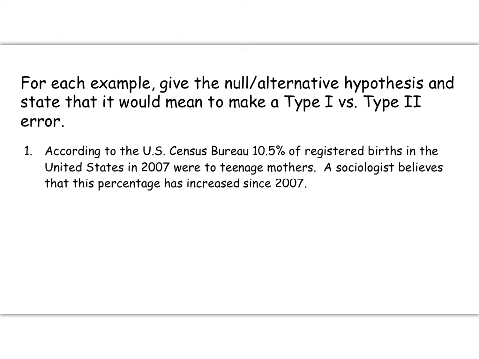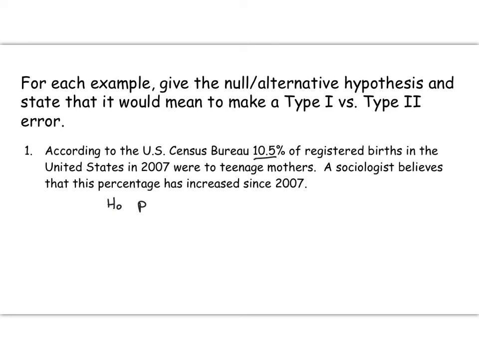So the first example is, according to the U.S. Census Bureau, 10.5% of registered births in the United States in 2007 were to teenage mothers. A sociologist believes that this percentage has increased since 2007. So the claim is 10.5%. So that is our null hypothesis.